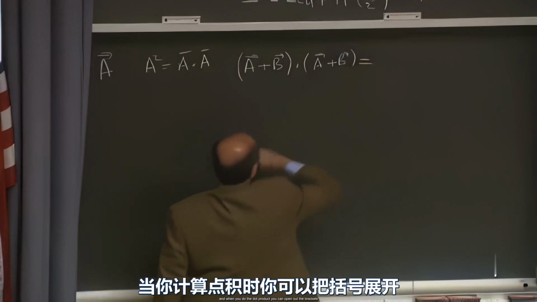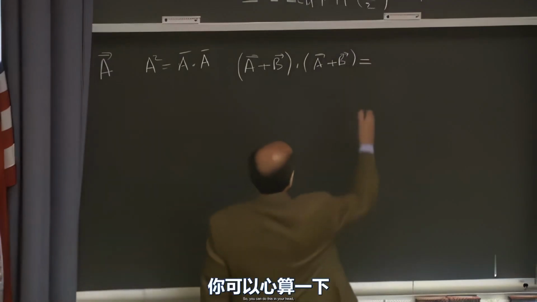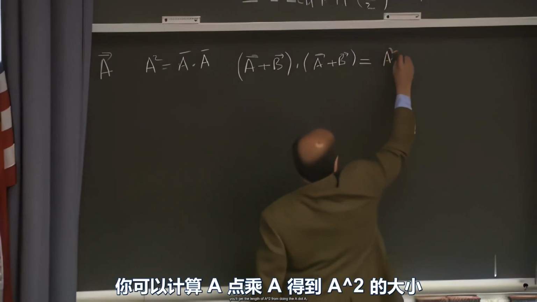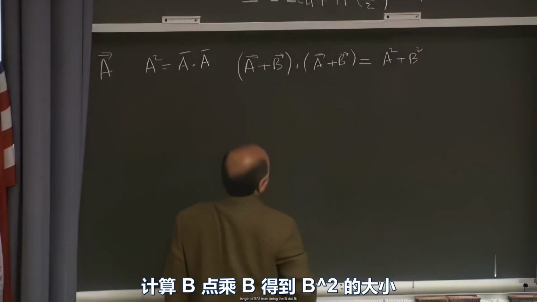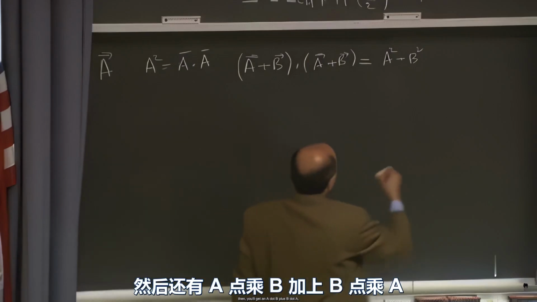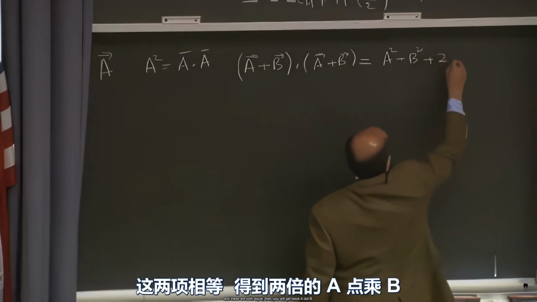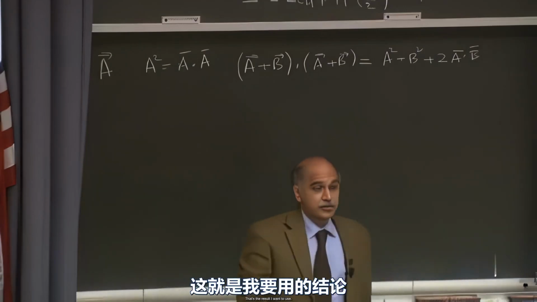And when you do the dot product, you can open out the brackets as if it is an ordinary product. So you can do this in your head. You'll get the length of A squared from doing the A dot A, length of B squared from doing the B dot B. Then you'll get an A dot B plus B dot A, and these are both equal. So you will get twice A dot B. That's the result I want to use.